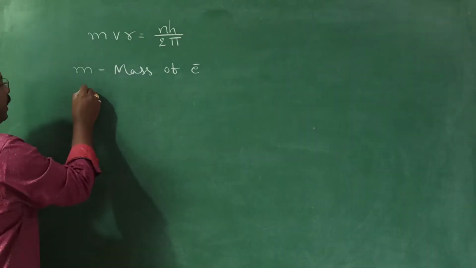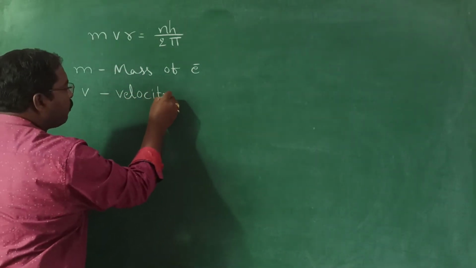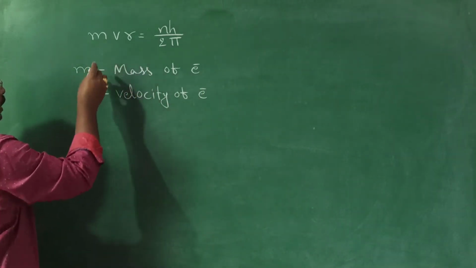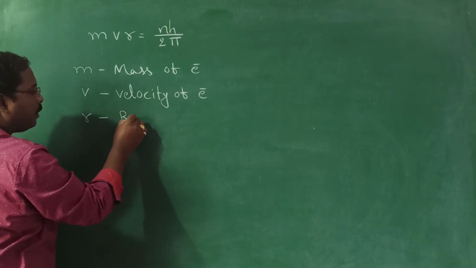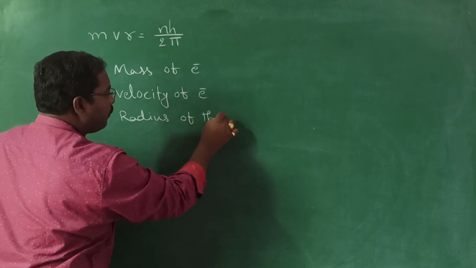Now, v is nothing but the velocity of the electron. m is the mass of the electron, v is the velocity of the electron, and r, I told you, is the radius of the orbit.